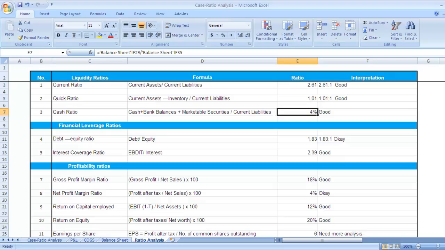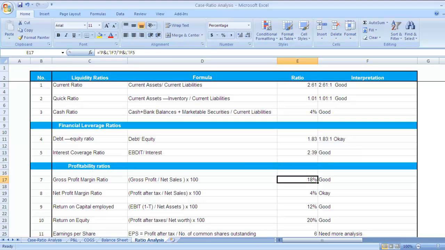Cash ratio 4%, so about 4% is held in cash, which is good. Debt equity ratio is 1.83. It should ideally be less than 1, but since it is a manufacturing company, the company is highly leveraged, so the company should look at this ratio once again. Interest coverage ratio 2.3139 is good again.